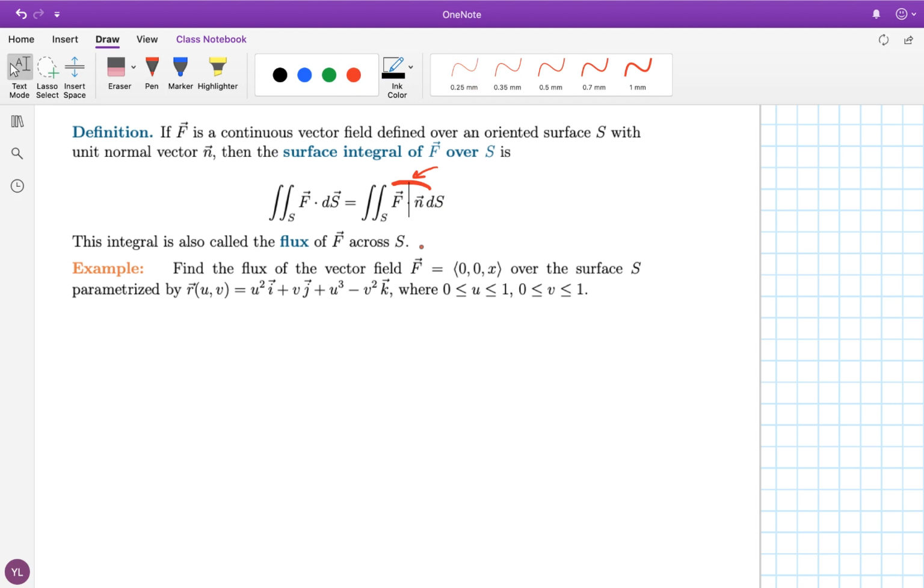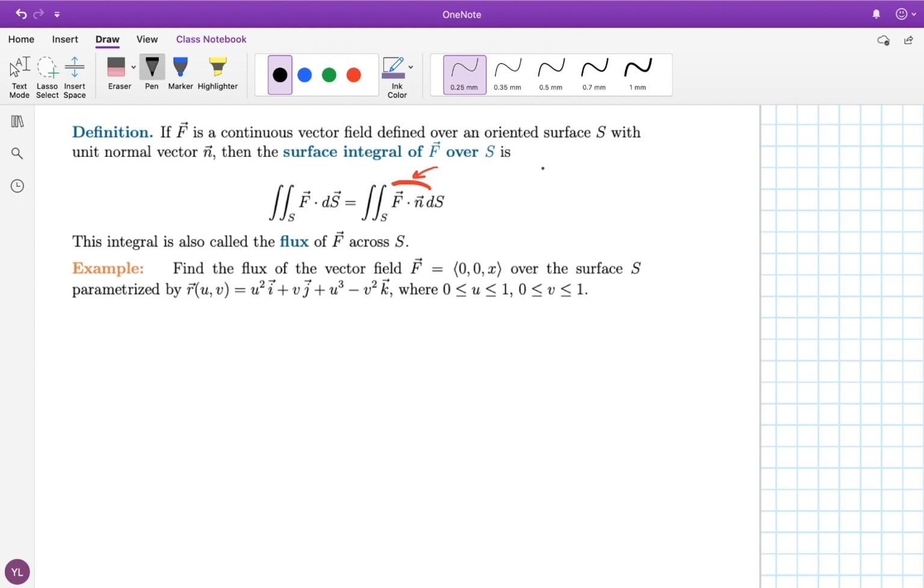Now I want to mention something about constructing this integrand because it's a little bit awkward to go right at this formulation. If we make an observation about what this ends up looking like, we can have a shortcut.